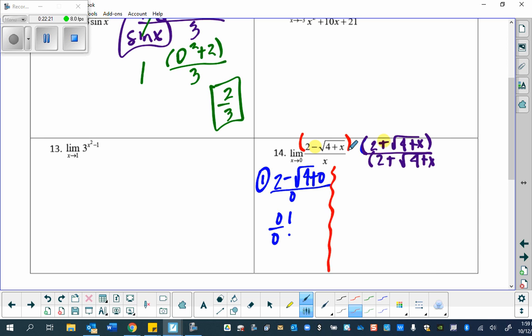When I multiply these factors, 2 times 2 is 4. 2 times this mess is 2 times square root of 4 plus x. When I do this, it's 2 times negative square root of 4 plus x. Those are a 0 pair. I'm not even going to bother writing them down.